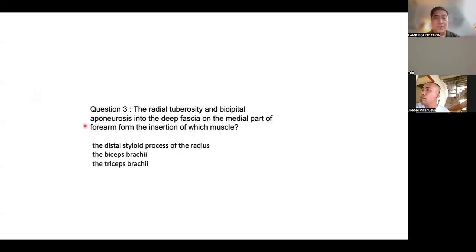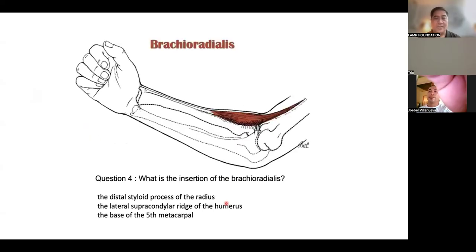Next, the radial tuberosity and bicipital aponeurosis into the deep fascia on the middle part of the forearm form the insertion of which muscle? The biceps brachii. Great. What is the insertion of the brachioradialis? It is the distal styloid process of the radius. See? Easy, no?